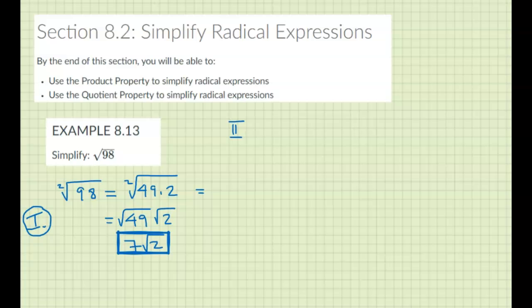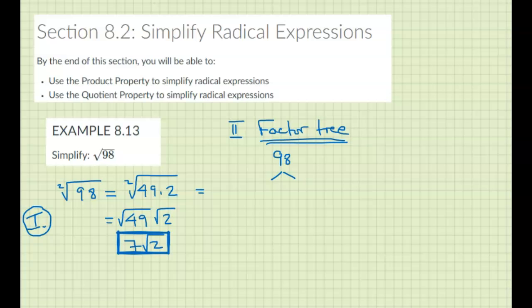Method 2 is to use the factor tree. You want to make a prime factorization of your number. So we have 98. You're going to write it here, and then you're going to divide by prime factors. We're going to start with 2, and then go to 3, 4, 5, 7, and so on, and you want to divide out all the prime factors.